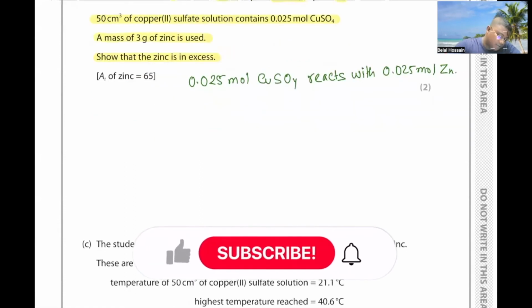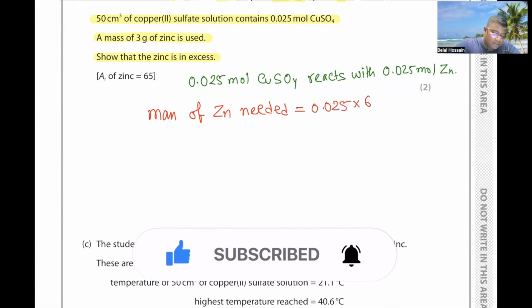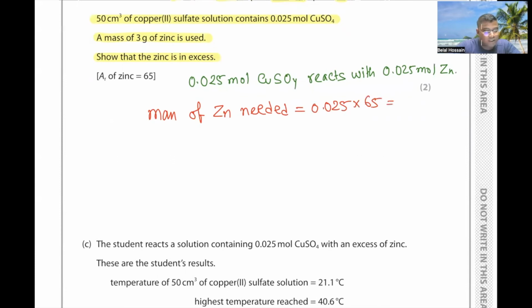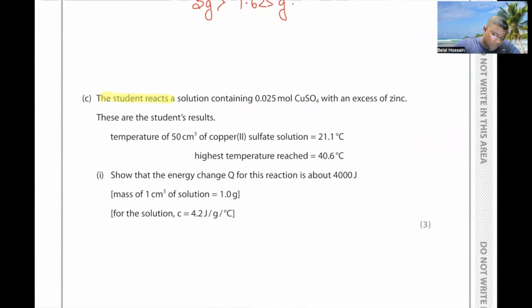So the mass of Zn needed will be 0.025 moles multiplied by 65, giving 1.625 grams. And we can definitely say that 3 grams is greater than 1.625 grams.